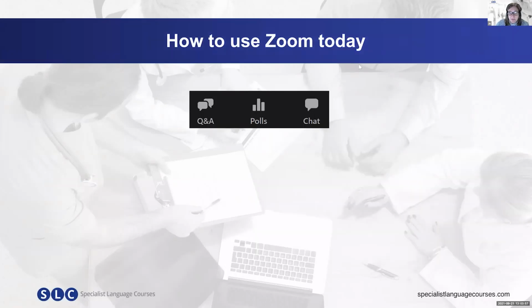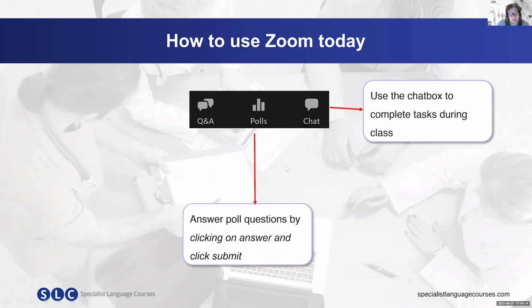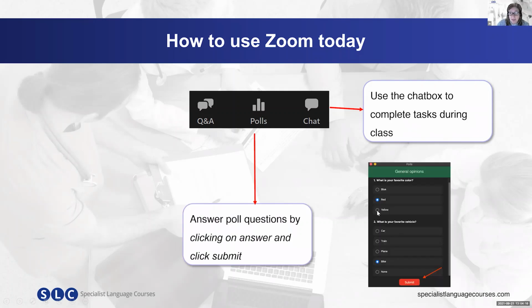Just a little bit of how to use Zoom today. You've got the question and answer, polls and chat function. For chat, we'll be using that to complete a few tasks. I might ask you some questions and I'd like you to write in the chat. There will be a poll today, with some questions where you choose your options and then click on submit.